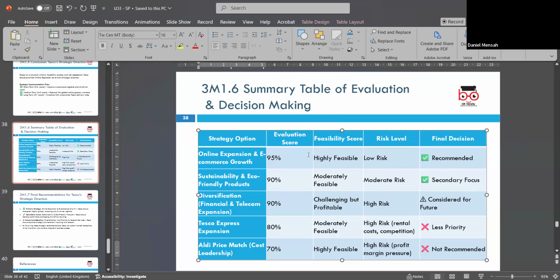Okay. It's not just the evaluation score. Maybe in this case the evaluation score could be the same, but over here the risk is lower. In this case, the risk is moderate. Maybe then you will go for this option.